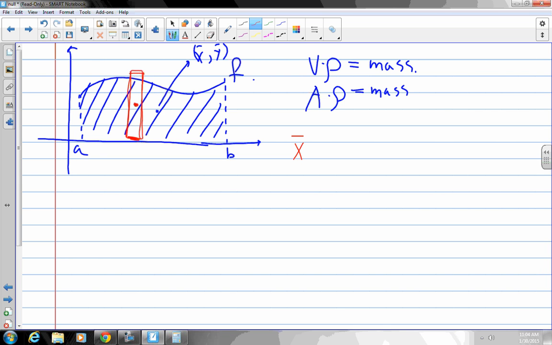If I go in the x direction, again, it's going to be the moments in the x direction around the point, over the total mass. Okay? Now, how do we compute the mass? So let's use A for mass.